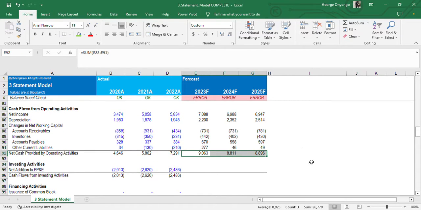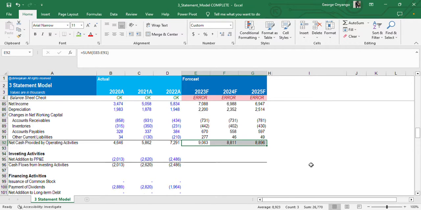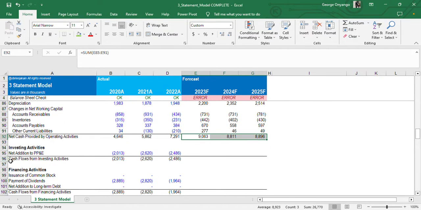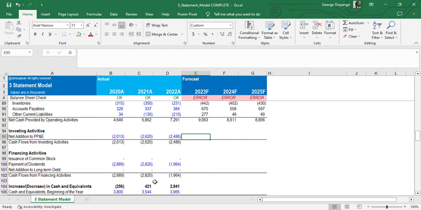Okay, so we have projected the net cash from the operating activity for the next 3 years. Then we have the net addition to plant, property and equipment. This one we are going to leave for now because we cannot obtain its values up there.